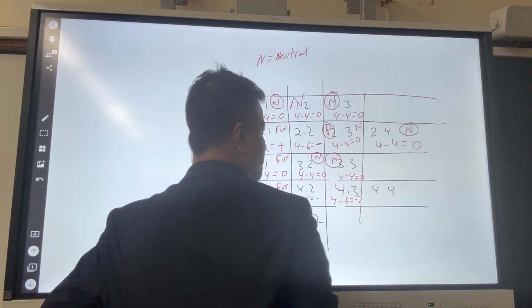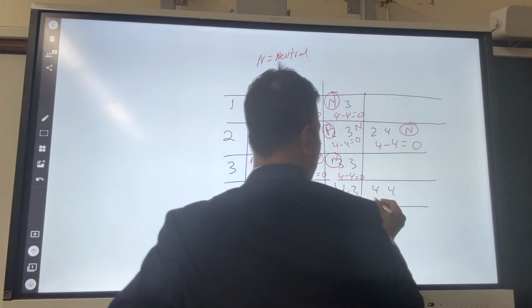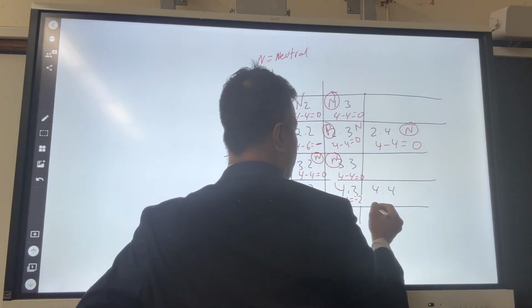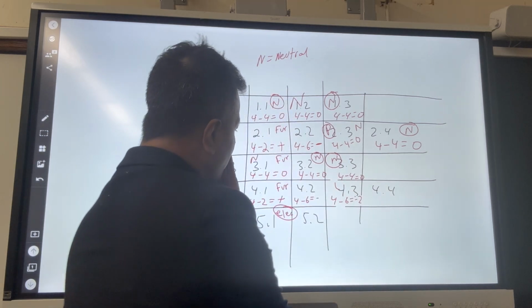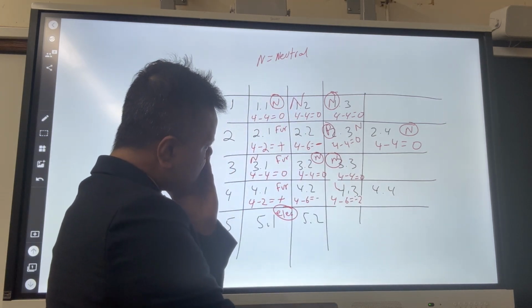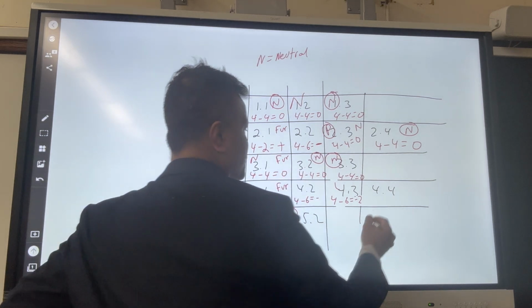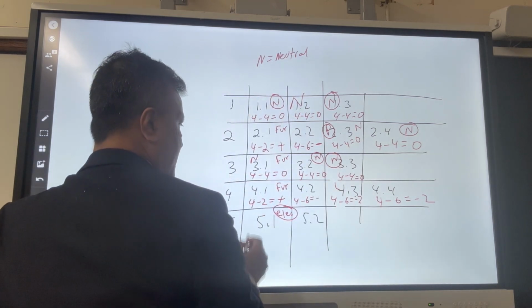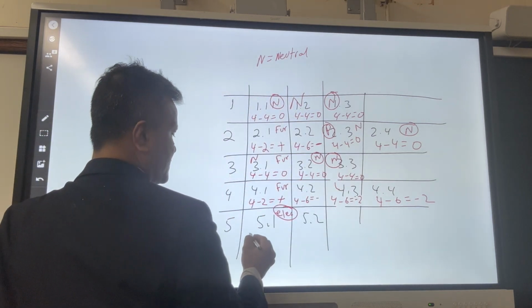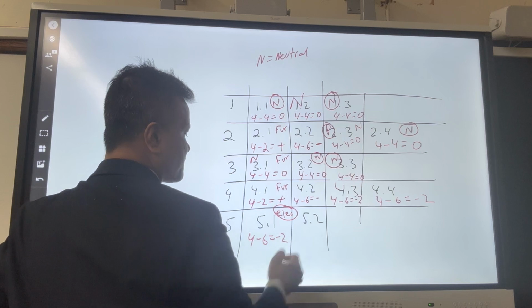So this is negatively charged, and same thing. 4 minus 6 is equal to minus 2.